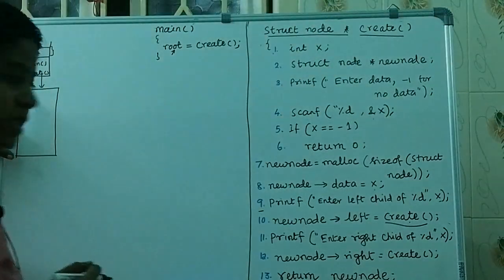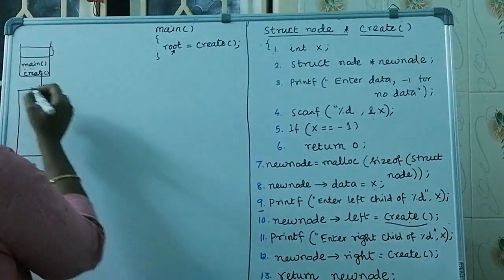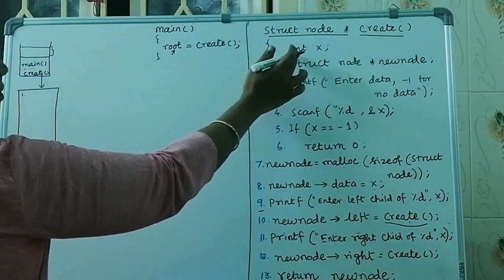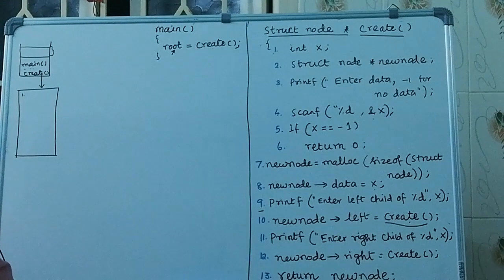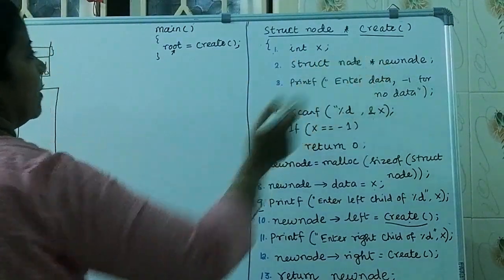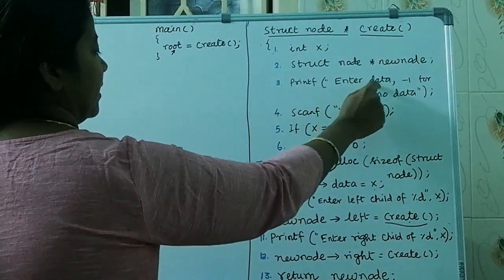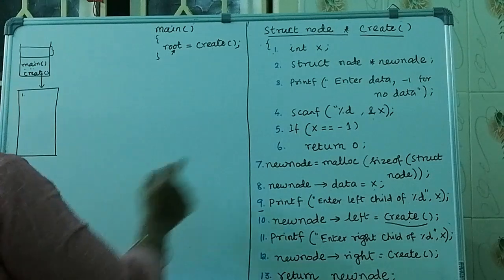Okay, now let us consider the first stack frame. In the first stack frame, line number 1 gets executed. It will declare the integer variable x. Line number 2 will declare the pointer variable, which is new node. Then line 3 prints: enter data, -1 for no data.